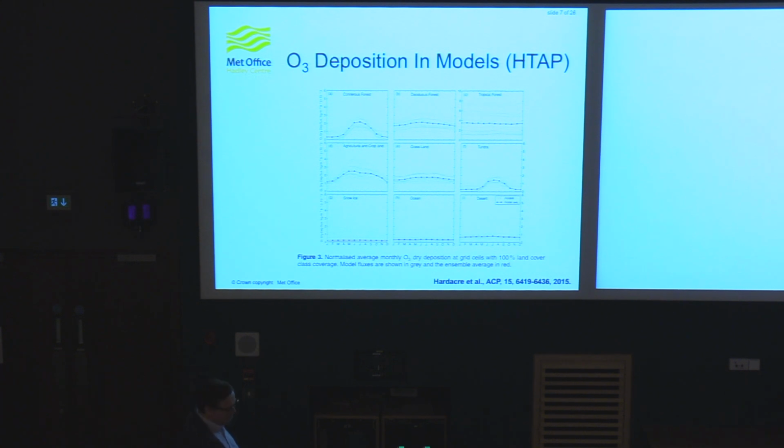In this project, we are also looking at how these models perform. And here you can see a comparison of the models that have participated at different sites across the globe.